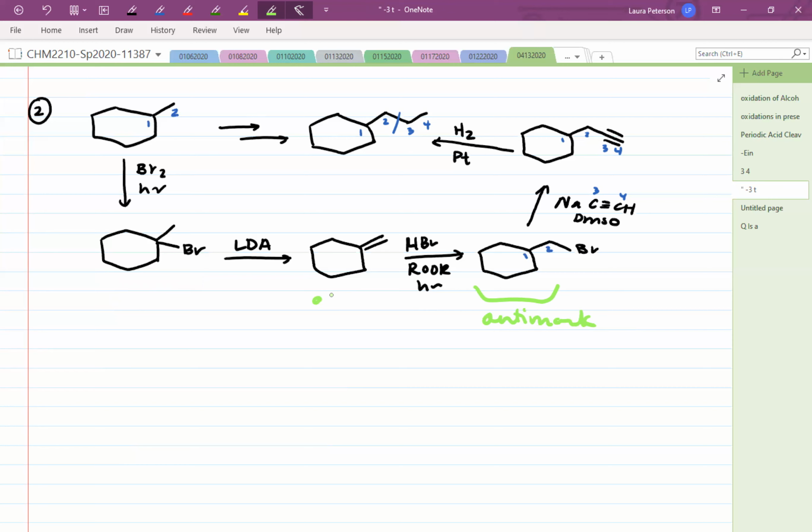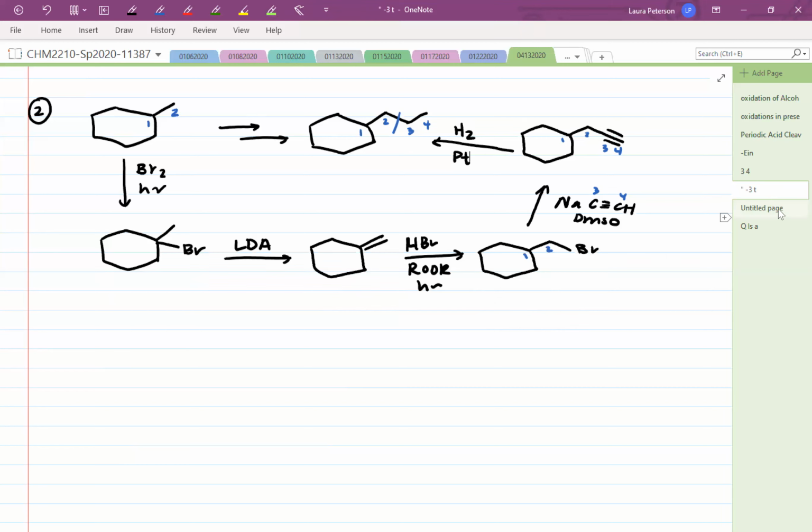The intermediate is this alkene. So if I'm able to make the Markovnikov product and I need the anti-Markovnikov product, the alkene could be the synthesis intermediate. And lastly, when I was thinking about making that carbon-carbon bond between carbon 2 and 3, I chose which carbon was the acetylide and which carbon had the leaving group based on the substitution.